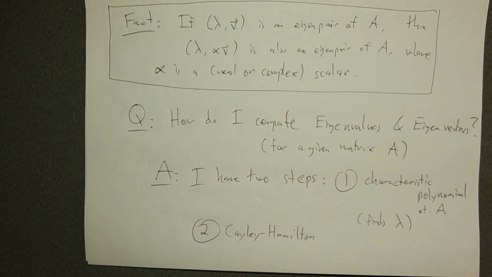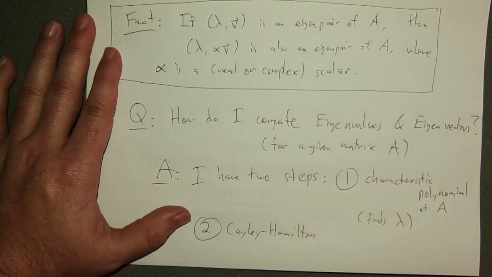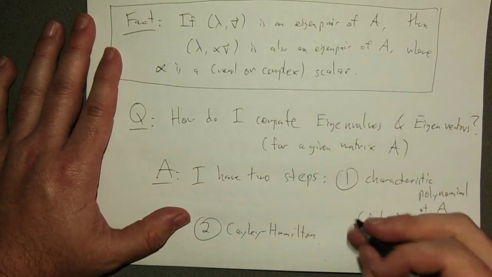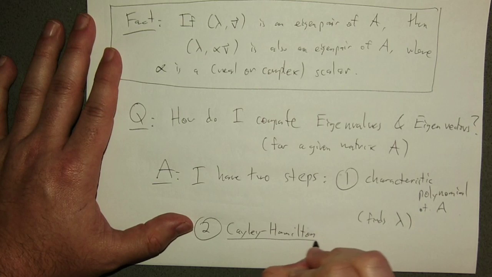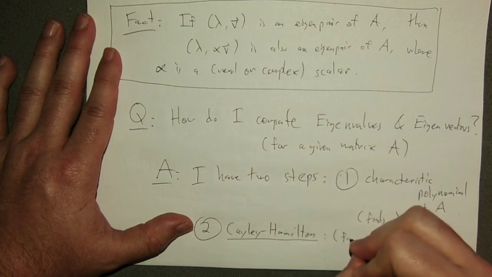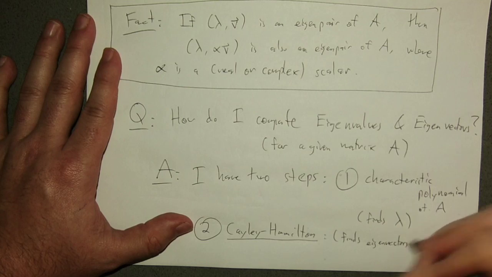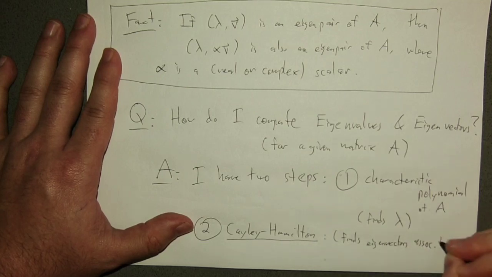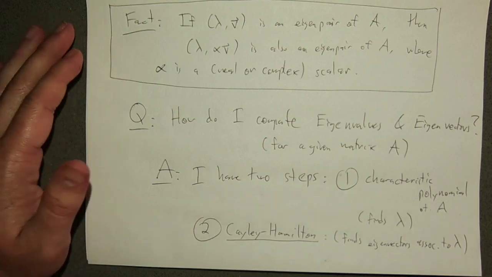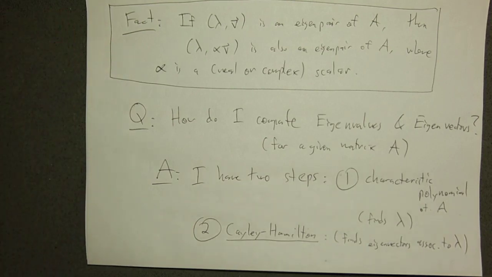If you know how to solve for eigenvectors without using Cayley-Hamilton, you are free to do that to your heart's content. I don't care. This is just the way that I'm going to cover how to do it here because I don't have to solve any linear systems. So Cayley-Hamilton finds eigenvectors associated to lambda. Those are my 2 steps.